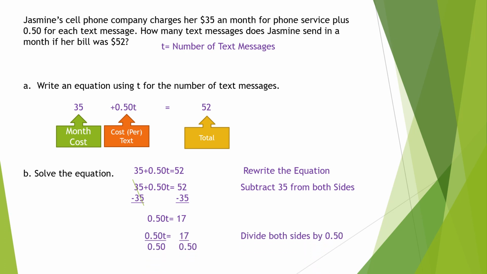So 17 divided by 50 cents will give us our answer. Notice that on the left side, 0.50 divided by 0.50 leaves us with just T. And 17 divided by 50 cents is 34.